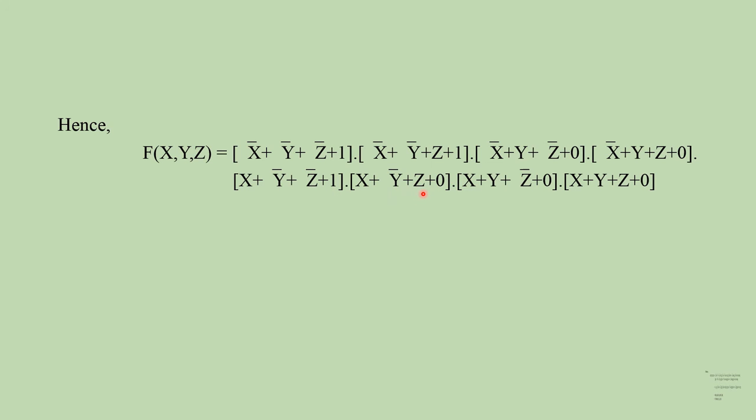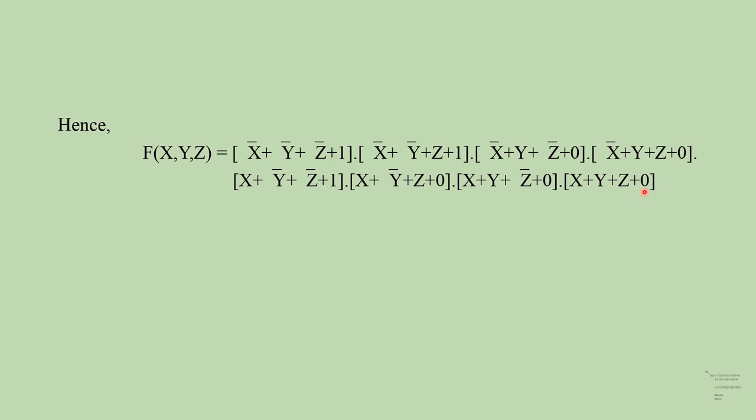Functional value of 010 is 0. Functional value of 001 is 0. Functional value of 000 is 0. Okay.